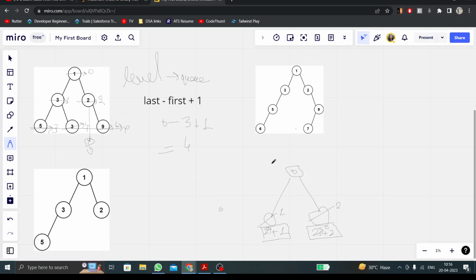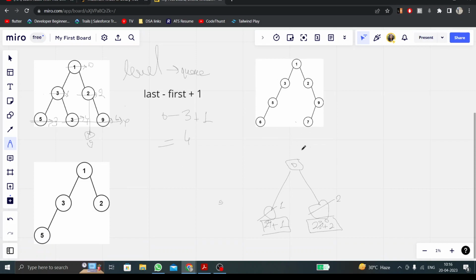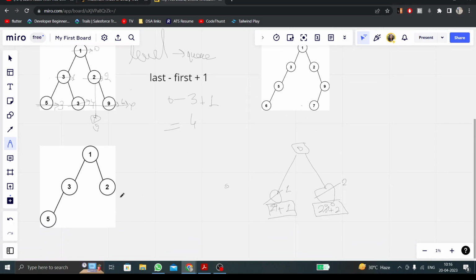And I want you to apply this in this example. Let me also discuss this example with you. These nodes will be indexed 0, 1, 2, 3, 4, 5, 6. I have indexed the nodes of the tree.